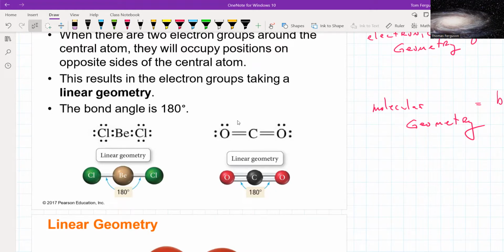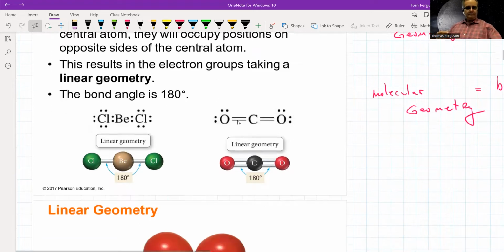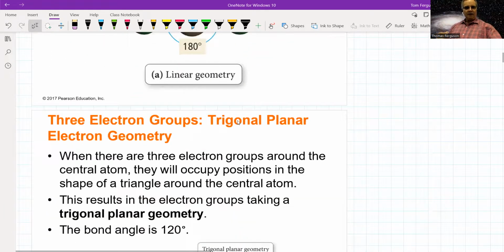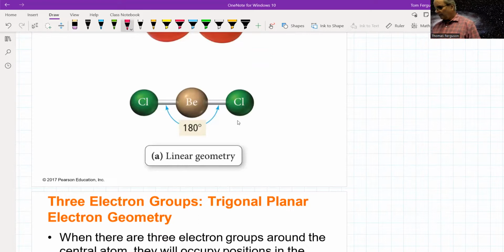Next question is, how many bonding groups do you have? 2. How many non-bonding groups? 0. That means the molecular geometry is linear also. Oh, and then the angle is 180. You also need to know that.